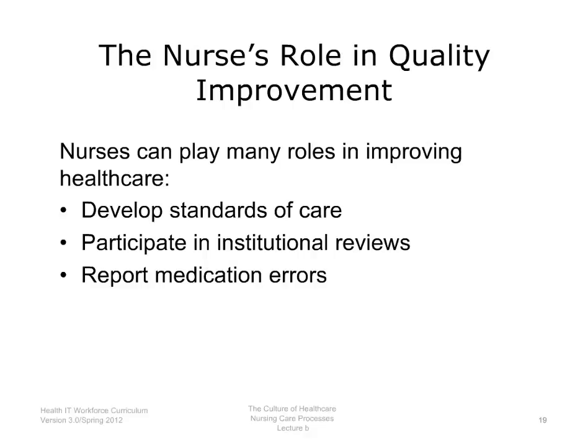Many institutional accrediting and licensing agencies also look at the rate of medication errors when rating an institution. Researchers have found that medication errors are often caused by poor systems and poor communication within hospitals and other organizations. By reporting medication errors, nurses can help remedy such problems and protect patients.